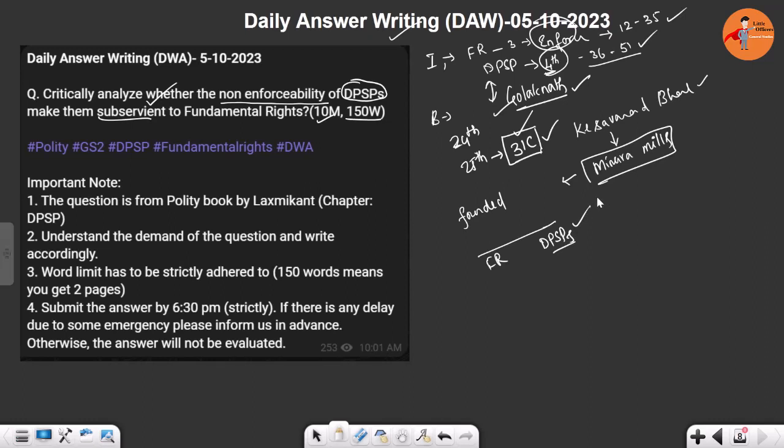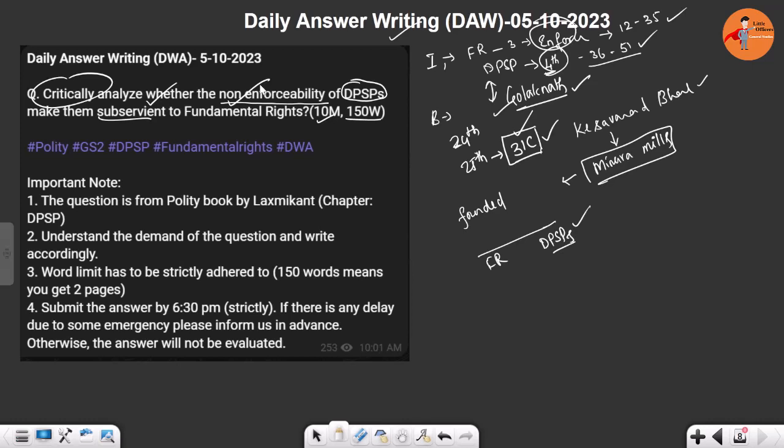Now after writing this flowchart, we should go for the critical analysis of the statement that is given. It is saying that the non-enforceability of DPSPs makes them subservient to fundamental rights, or not. That is where we are entering the core part.